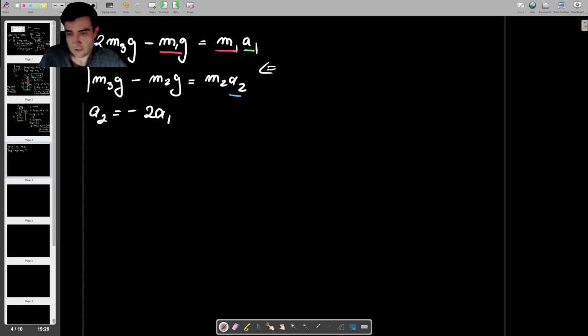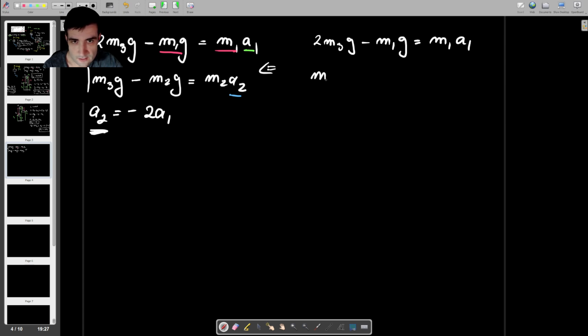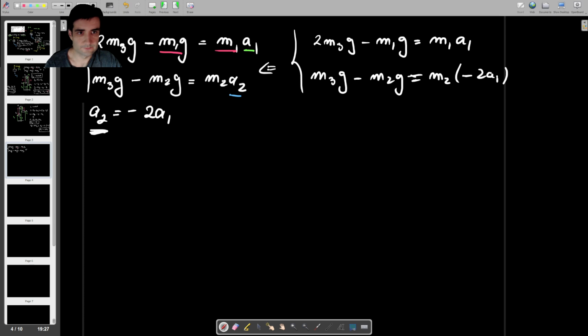So now we can actually solve it, and I'll do that by first substituting for A2. So I'll say 2m3g minus m1g is equal to m1 a1. So I'll leave a1 as it is, and then we'll say m3g minus m2g is equal to m2 multiplied by minus 2a1. Okay.